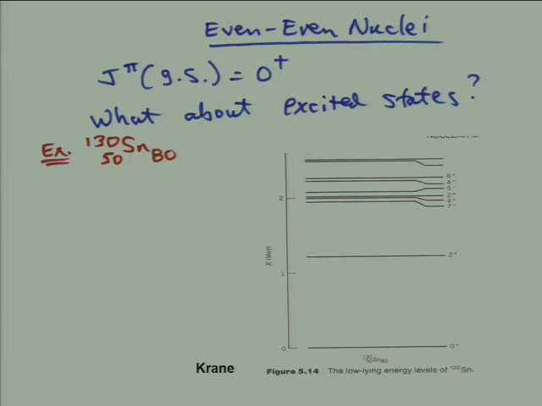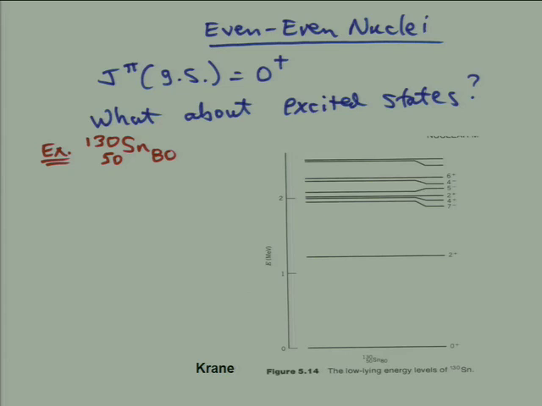And therefore, it's more likely that what's going on to make the excited states is I'm doing something to those neutrons, because I don't have quite a closed shell of neutrons. What would be the magic number of neutrons that would be required to make that nucleus doubly magic? 82, exactly. 82 is the next magic number. So I'm 2 neutrons away from that.